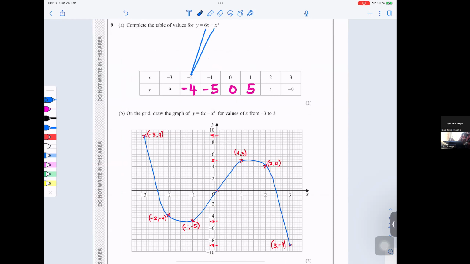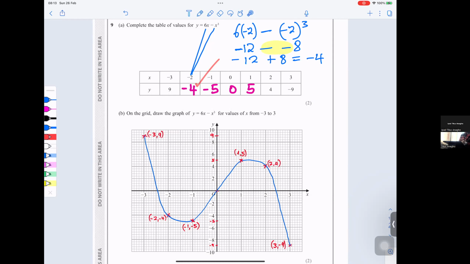So that gives you 6 times -2 minus (-2) cubed. 6 times -2 will give you -12. (-2) cubed is -8. -12 minus -8, this double minus will become a plus. -12 plus 8. And -12 plus 8 is -4. So that's how we got -4 there.